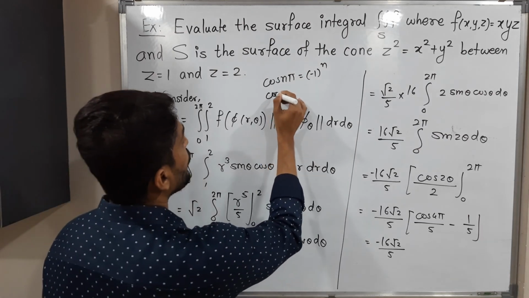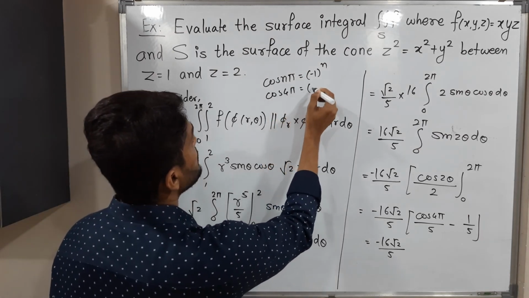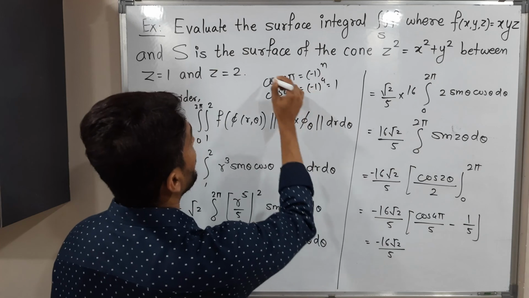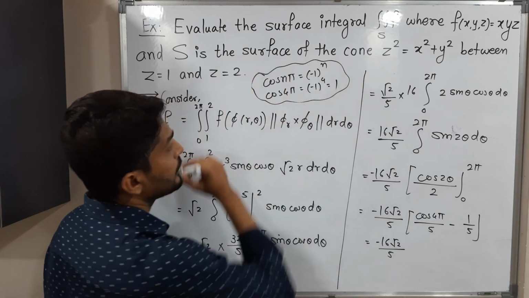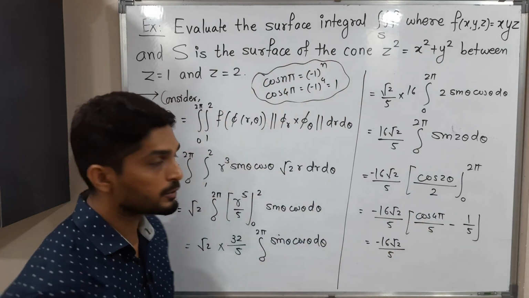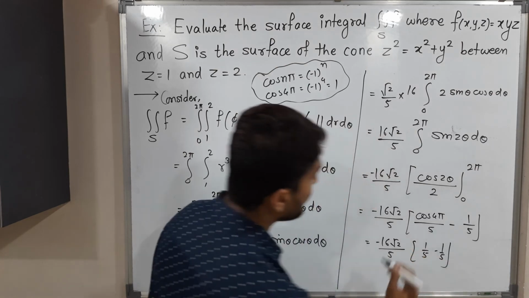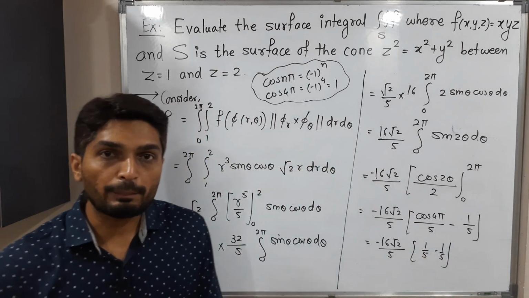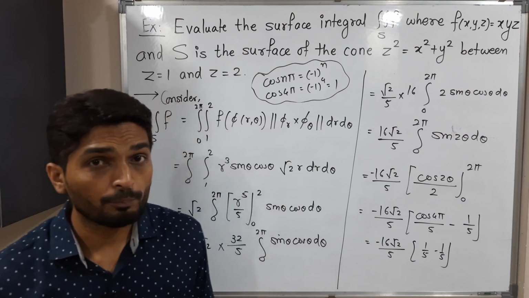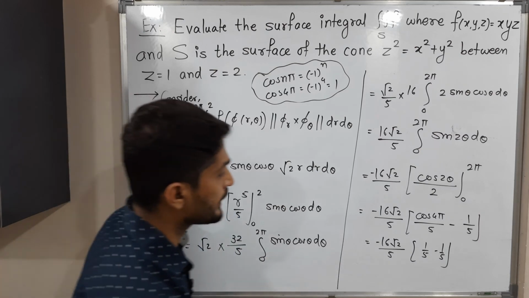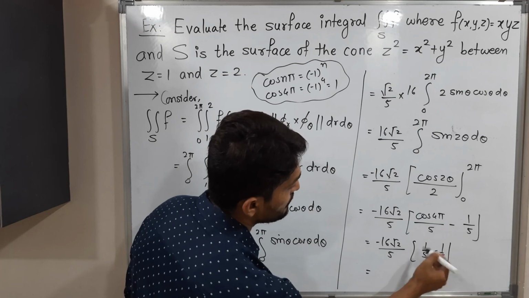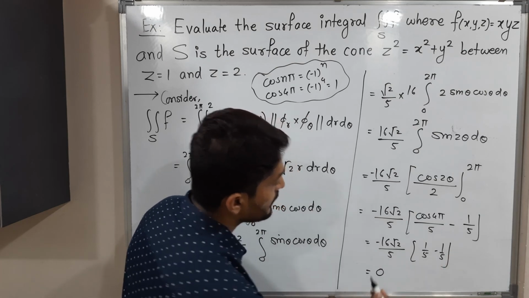So we have cos 4 pi, that means minus 1 raised to 4, which is 1. So the value of cos 4 pi is 1. Let me write here 1 by 2 minus 1 by 2. But see, in the bracket we got 1 by 2 minus 1 by 2, which is 0, and 0 into anything is 0. So the value of this bracket is 0, and the answer is 0.